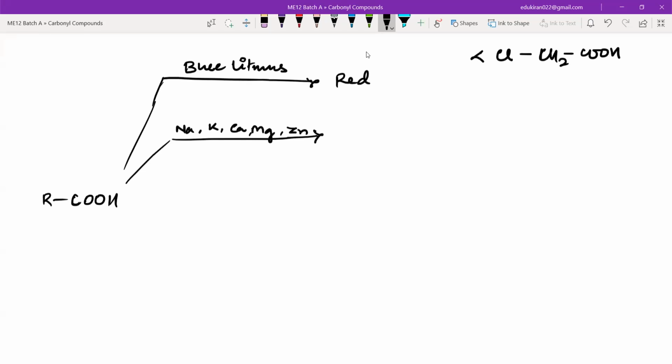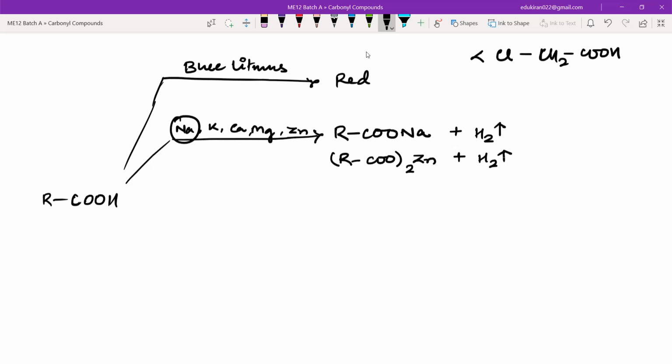In this case, I'm taking sodium, and they are going to form RCOONa, salt of carboxylic acid, and H2 gas is released. So if you have, for example, zinc, then it will be (RCOO)2Zn, because zinc has the oxidation state that is +2, and hydrogen gas will be liberated.